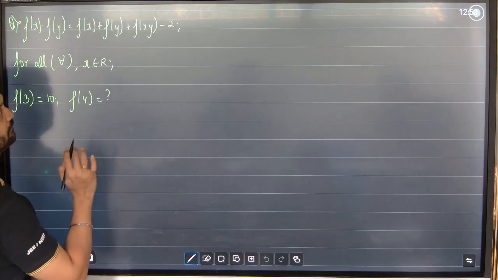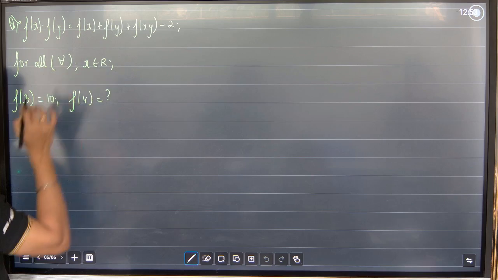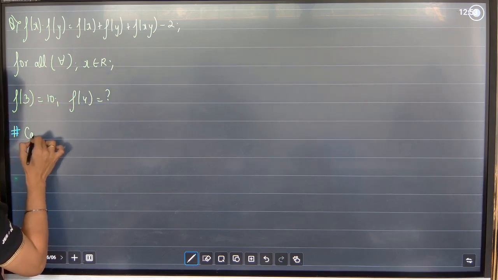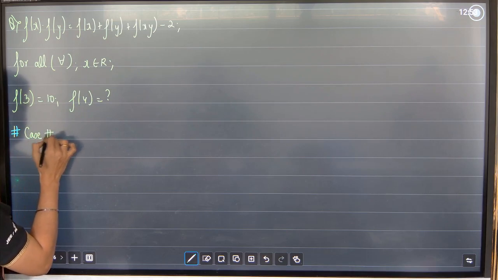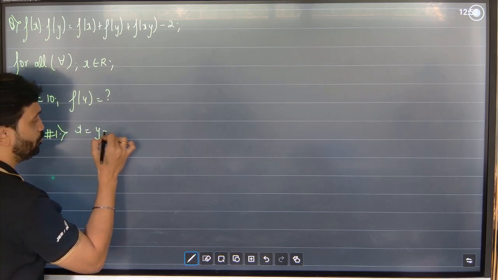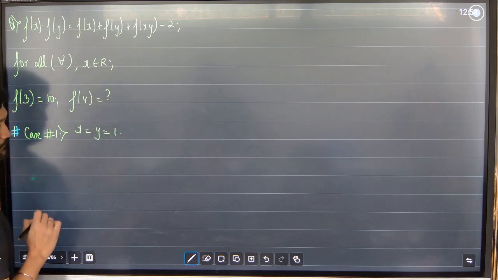Step number 1. What I can do is, we do it in two parts, where I start with case 1, where I'll take x and y both as 1. Try to understand.